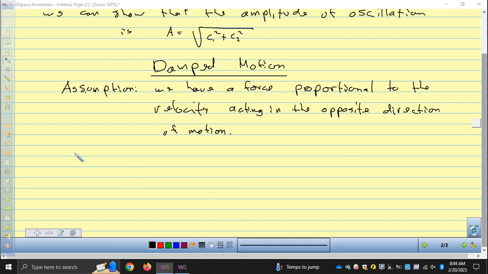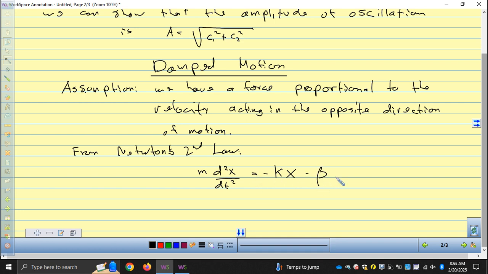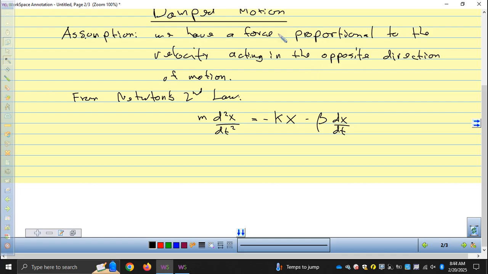All right, so from Newton's second law, we can now say that m d squared x dt squared equals minus kx for a spring constant, minus beta dx dt, where beta is our proportionality constant for this force that's acting in the opposite direction of motion.